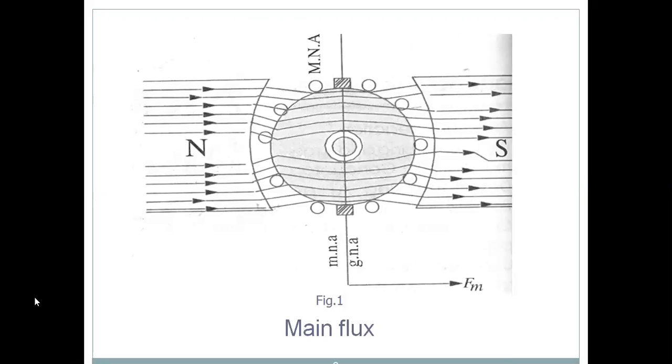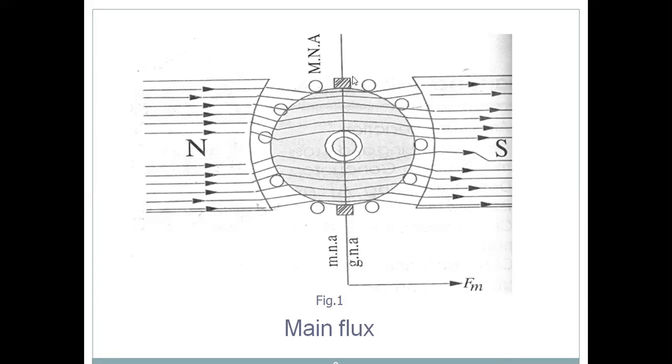Now I will enter into the concept of armature reaction. Once again, I am showing only main field flux. This is north pole and this is south pole. These are stationary field poles. In between these field poles, I placed the armature core, and the armature core has armature conductors on its outer periphery, and there are two brushes placed on an axis.